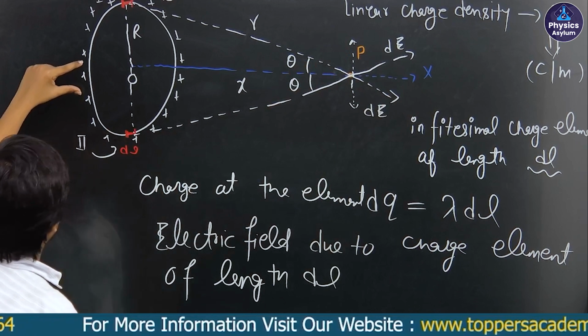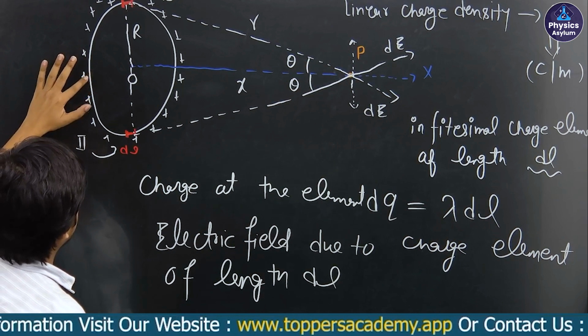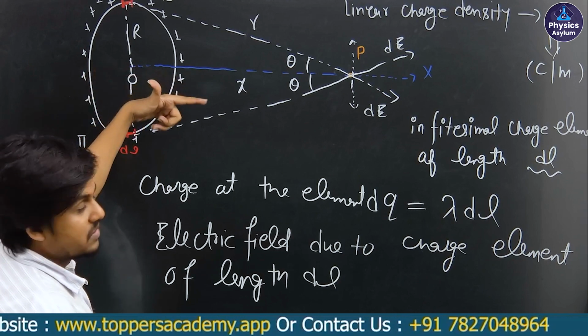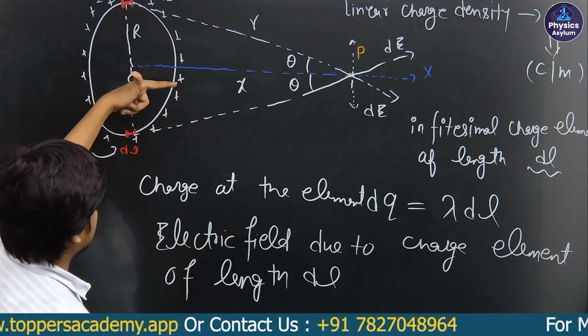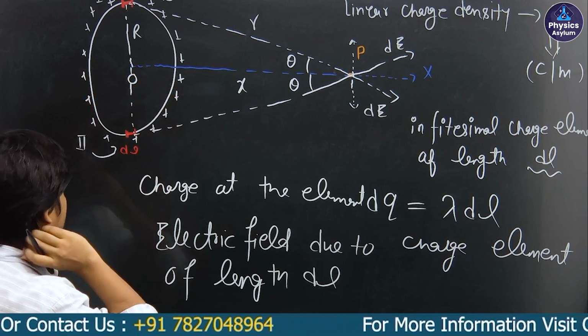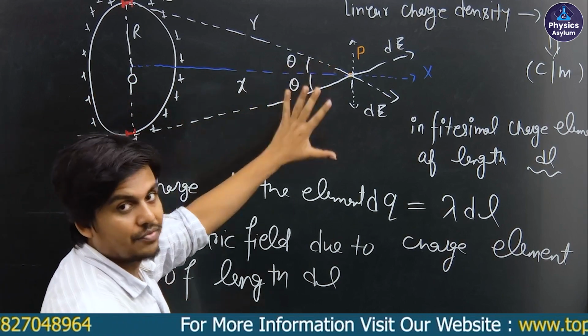If I assume any charge element on this ring, then there will be an element diametrically opposite to it, such that it will cancel out the vertical component of the electric field, right?